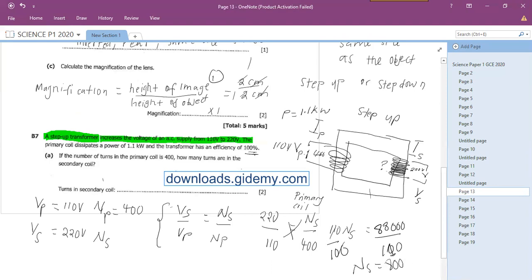So the number of turns in the secondary coil has been calculated as 800 turns, which makes sense because now here we have got 800 turns. There will be a higher voltage delivered. So this will be directly supplied to an industry or something like that.